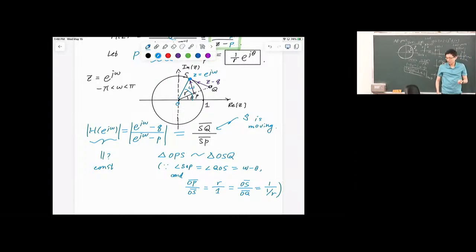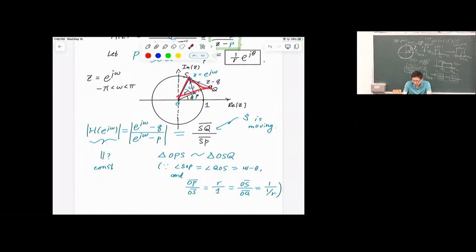And the order goes, I hope I'm doing this correctly, short side first, OPS. This triangle OPS is similar to OSQ.